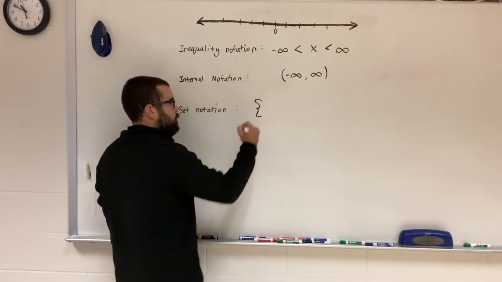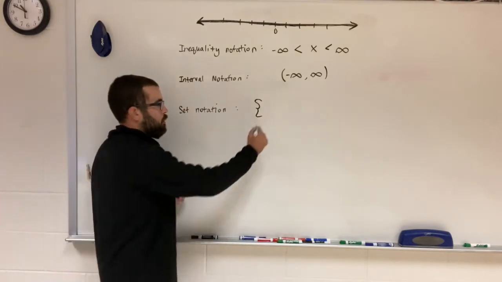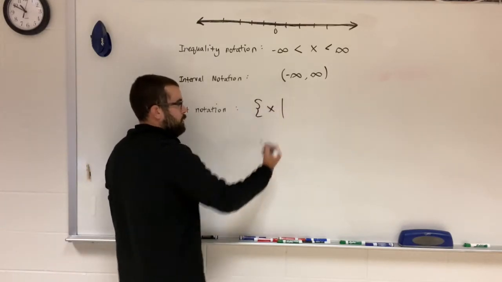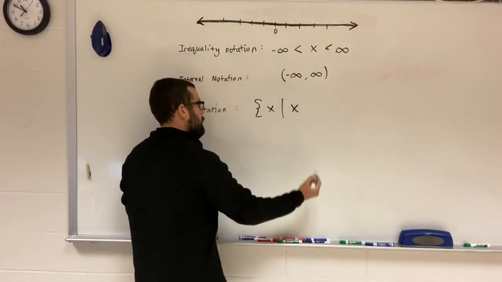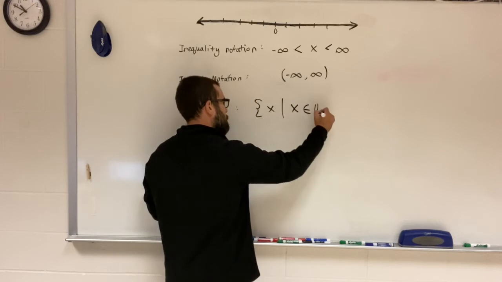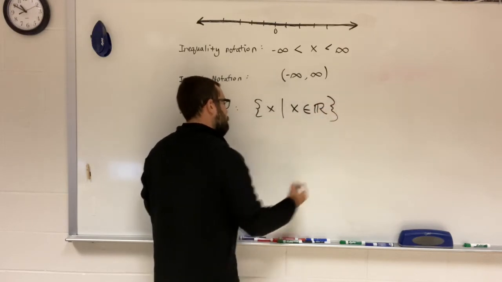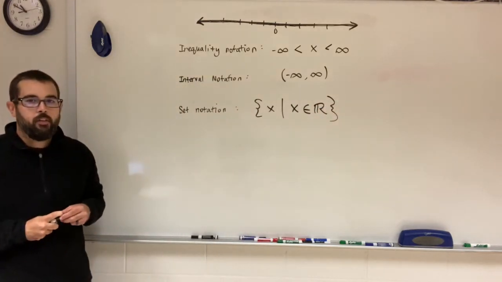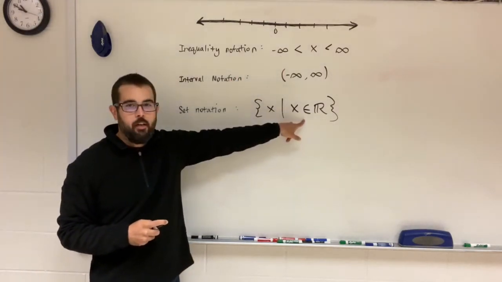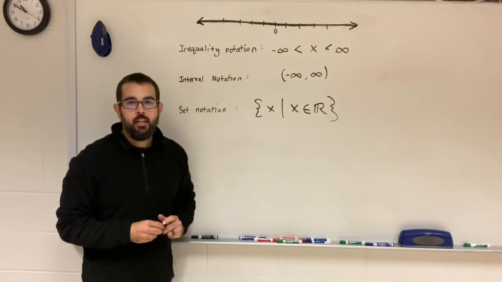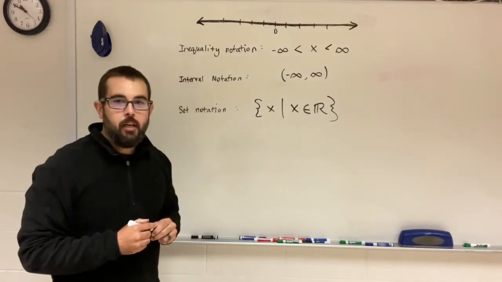In set notation, we have the set for all x's such that, so we have something a little bit different for this one here. You could technically put inequality notation right here, but I want you to see this just in case this is ever written, that you know how to read it.